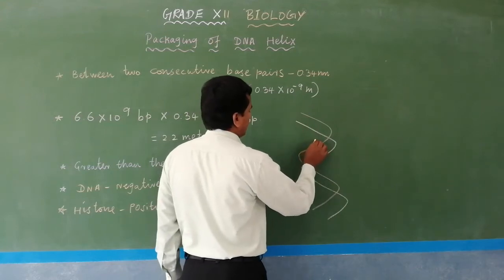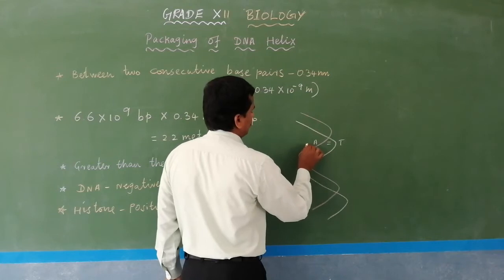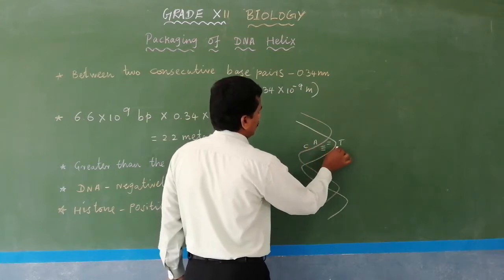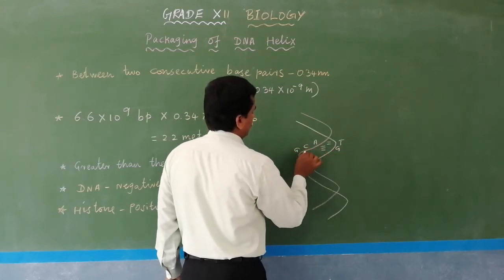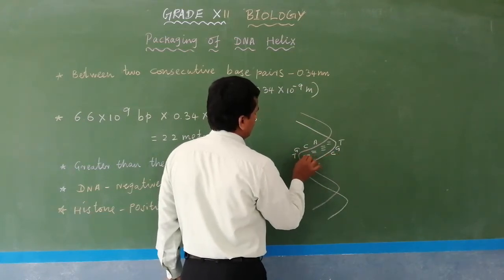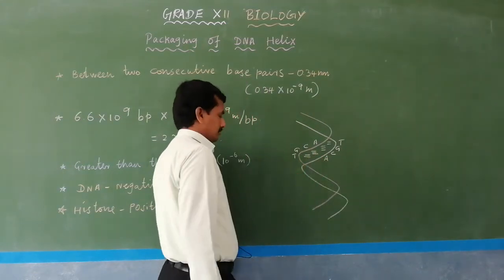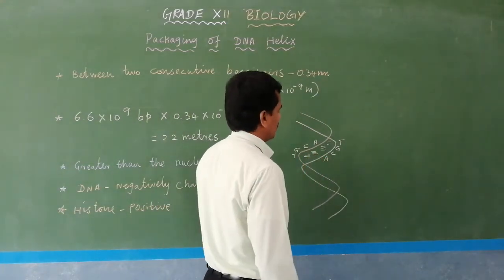DNA contains adenine and thymine, cytosine and guanine, and cytosine, thymine and adenine, we know. That is DNA with its base pairs.